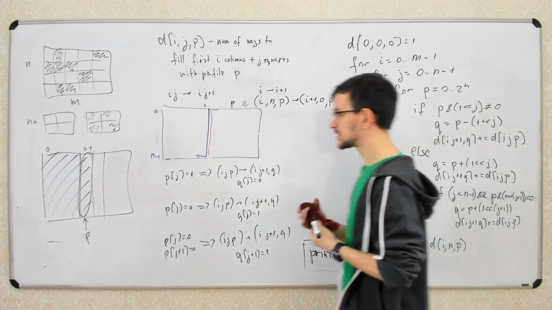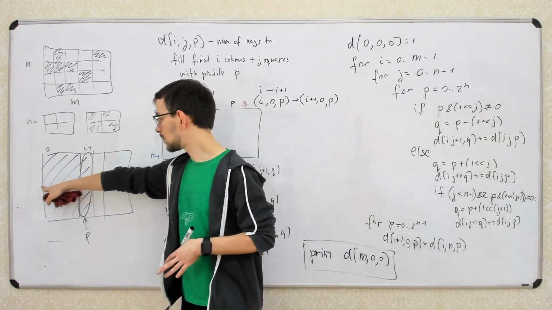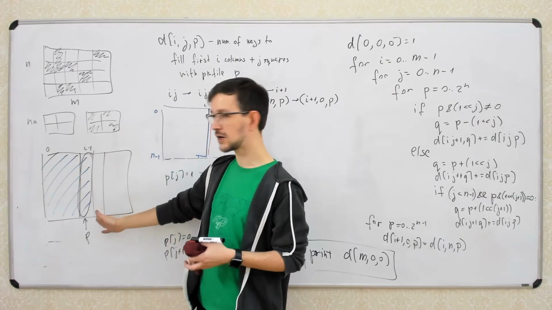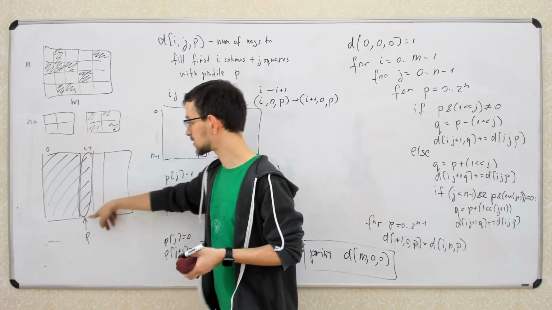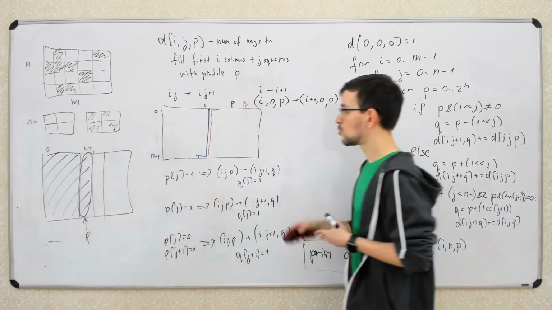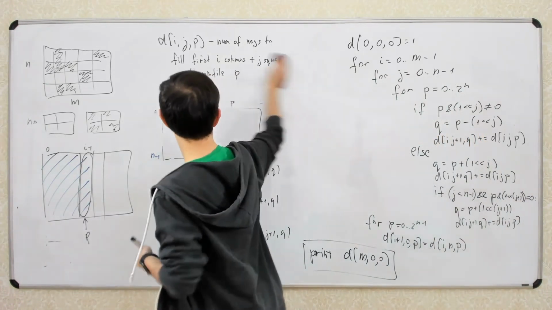Again, this is how you make dynamic programming on profiles. You make the following state of your dynamic program. You already filled the first I columns of your rectangle, and the state of this last column is encoded in this profile P. And if you want to make it on a broken profile, you do it like this.